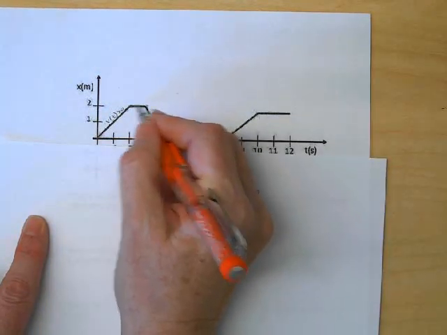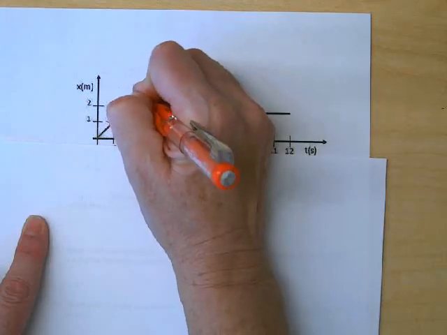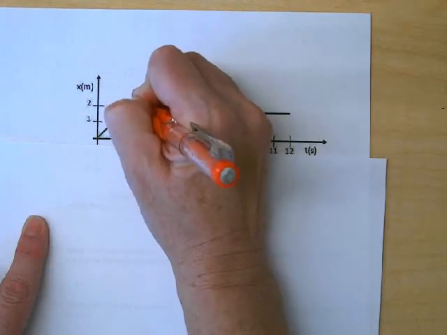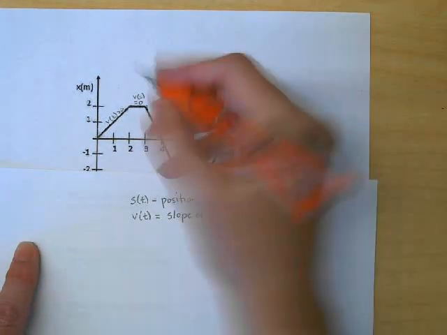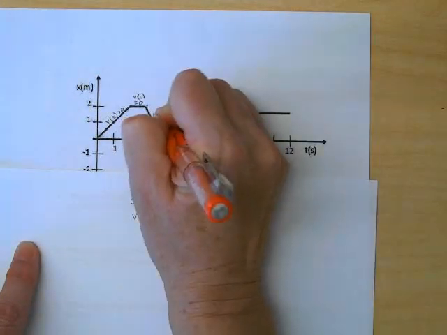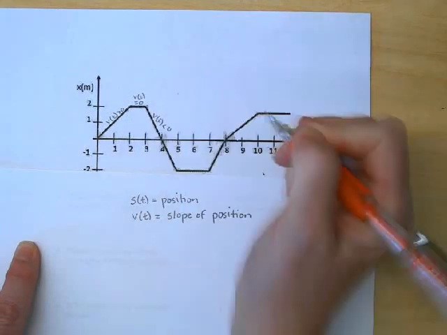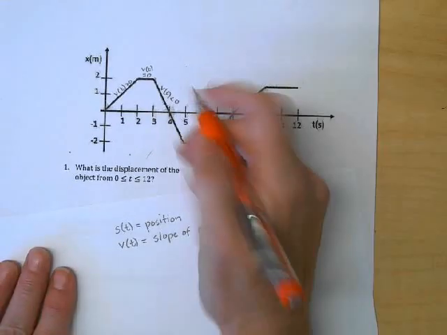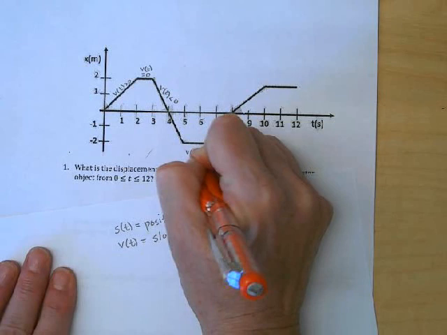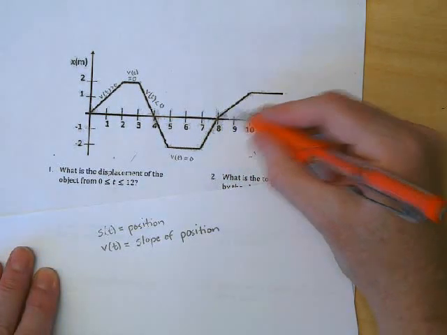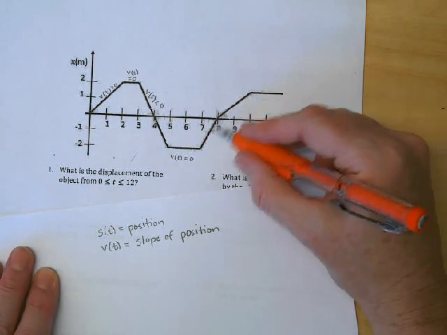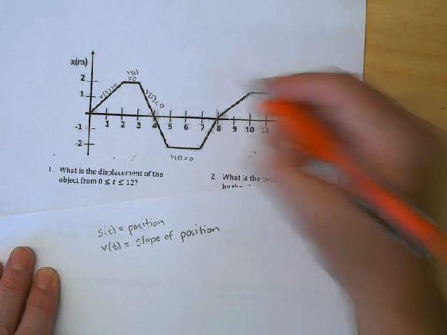Right here, we're at 0, so velocity is 0. Here, the slope is negative, so I know that velocity is less than 0. Right here, velocity is 0. Here and here, velocity is still positive on both of these.